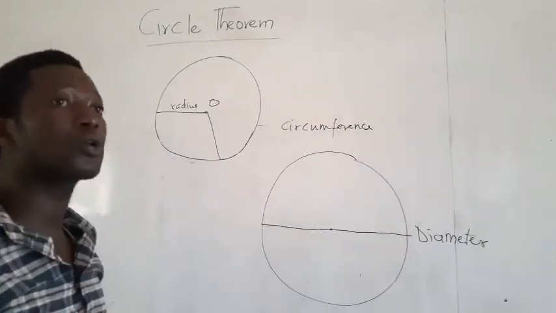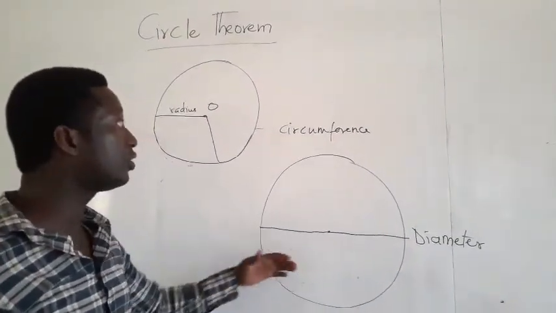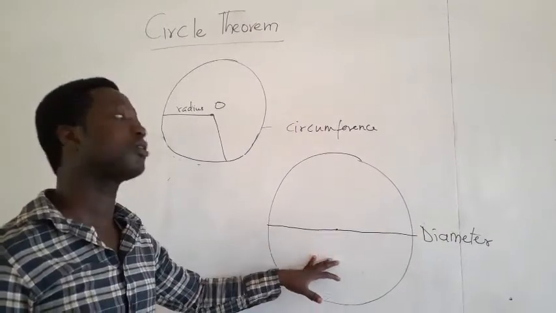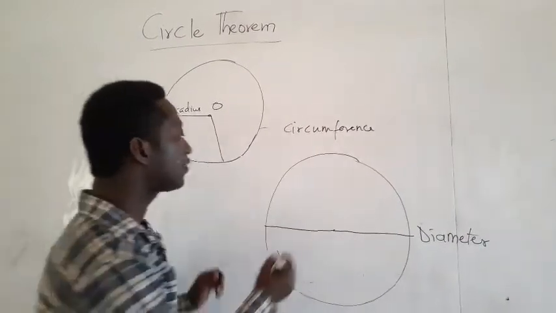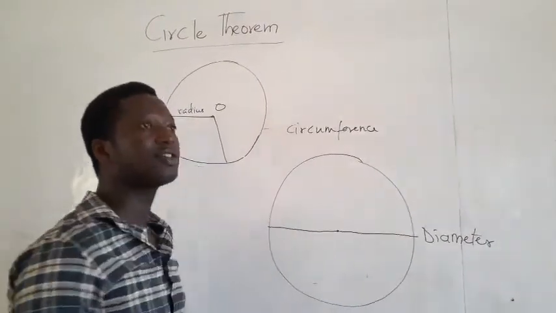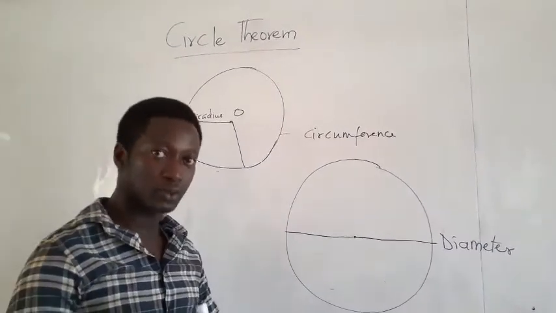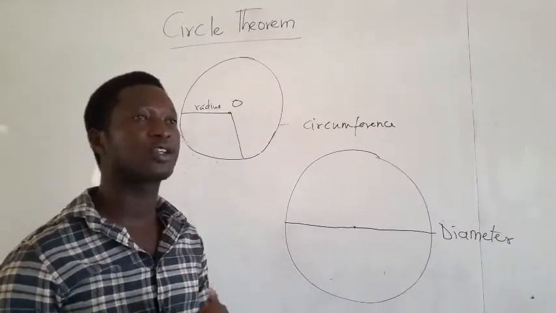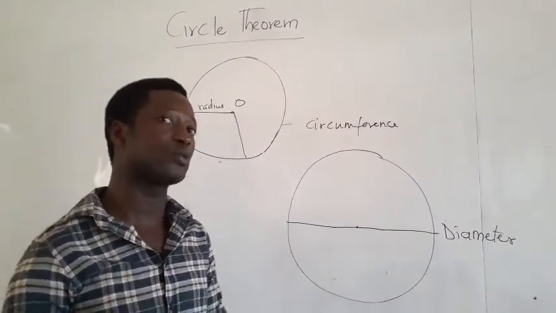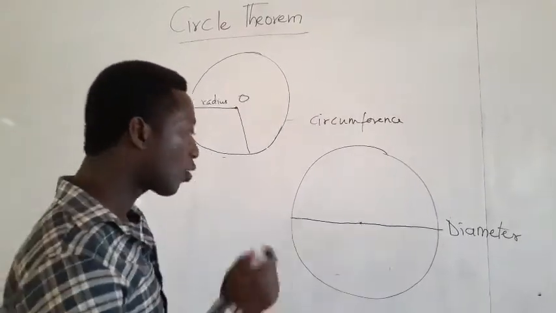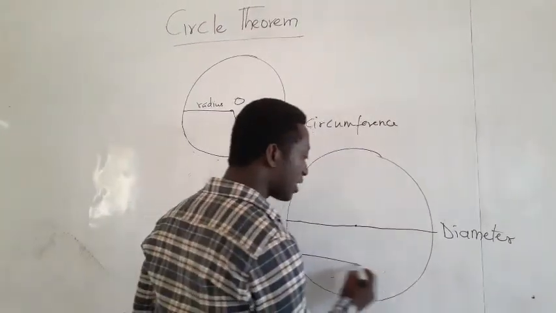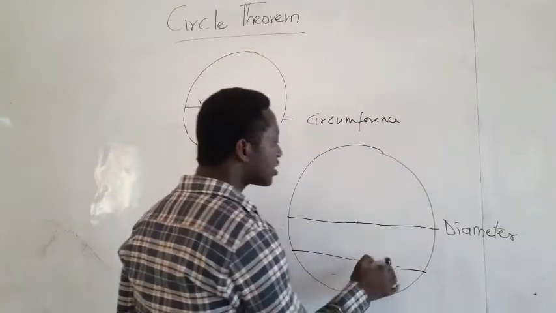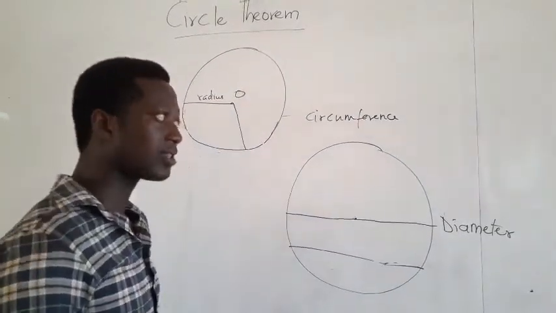Now there is something also called chord. You hear chord in circle theorem questions much. But the difference between diameter and a chord is that diameter divides the circle into 2 equal parts, but a chord is not able to divide them into 2 equal parts. So yes, a chord also divides the circle into 2 parts, but it's not able to divide the circle into 2 equal parts.